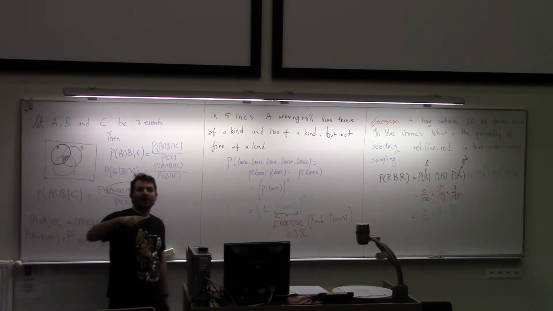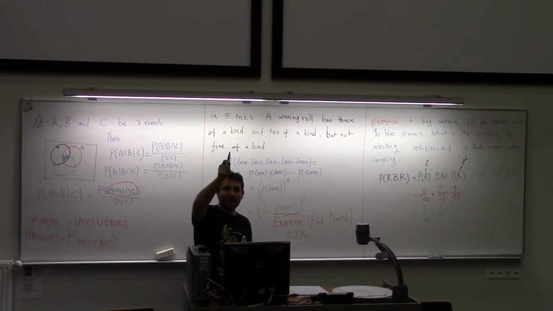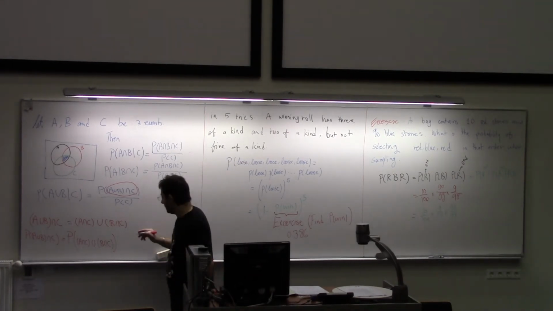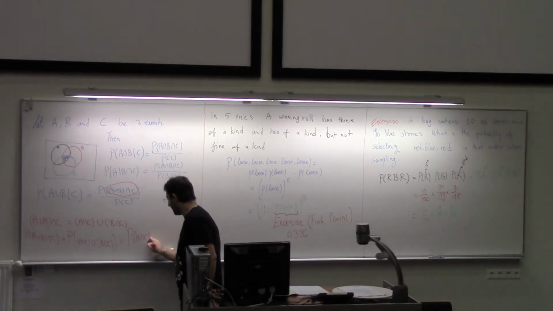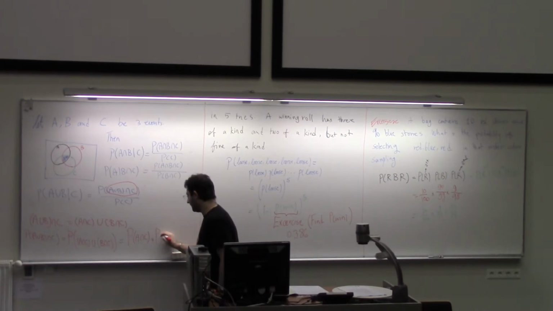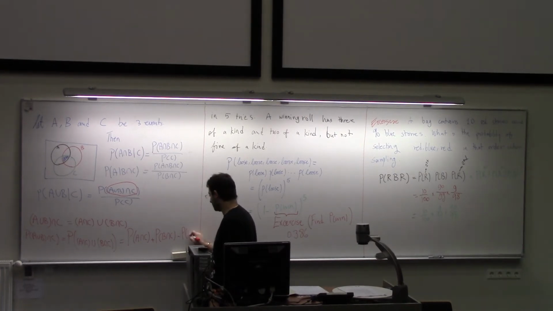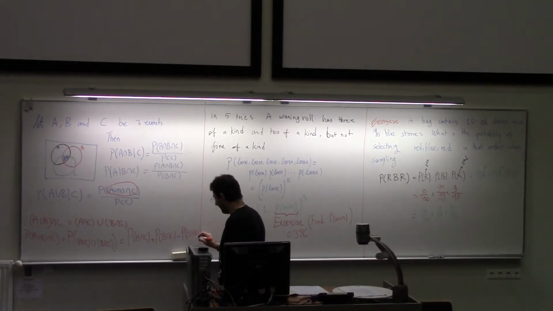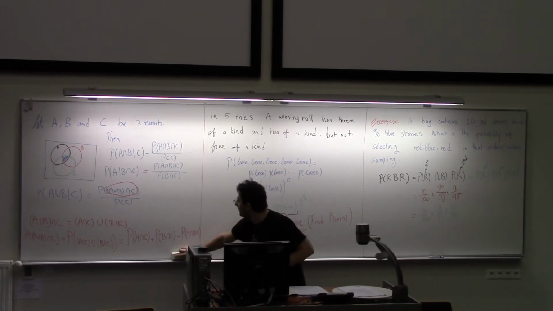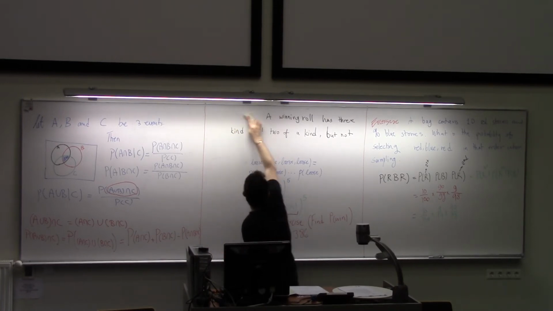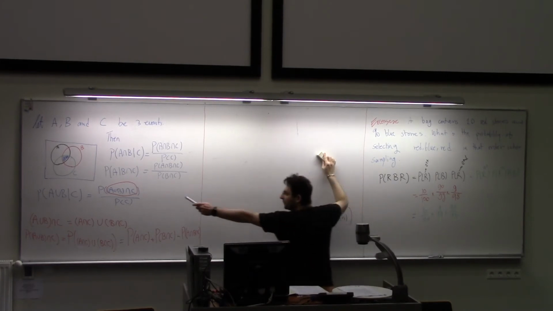And we remember, what is the probability of A union B? It's probability of A plus probability of B minus probability of the intersection, right? So this is equal to the probability of the first term plus the probability of the second term minus the probability of the intersection. So I want to put it down into here.